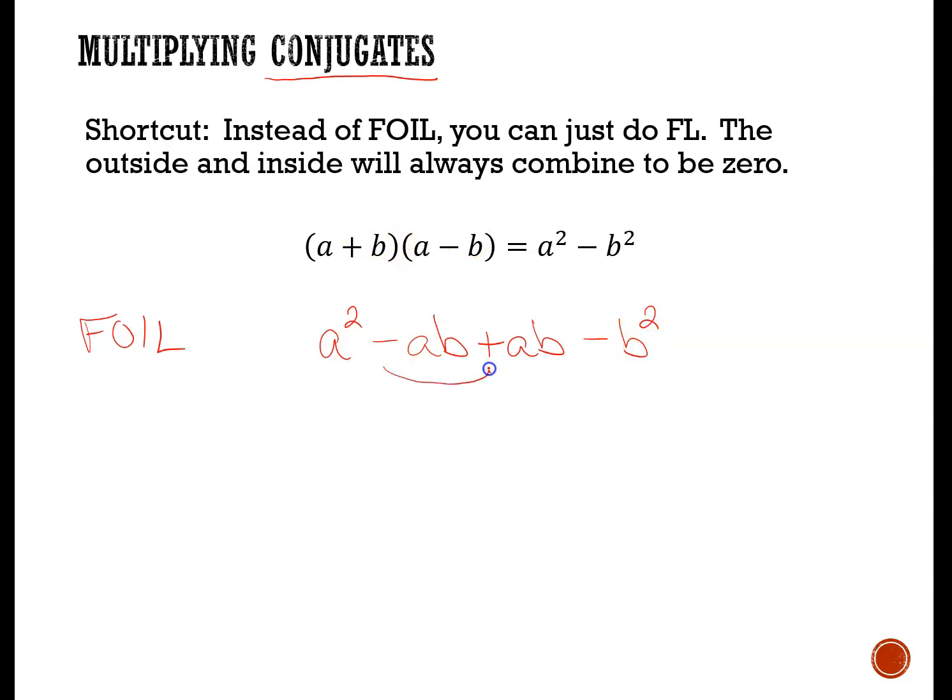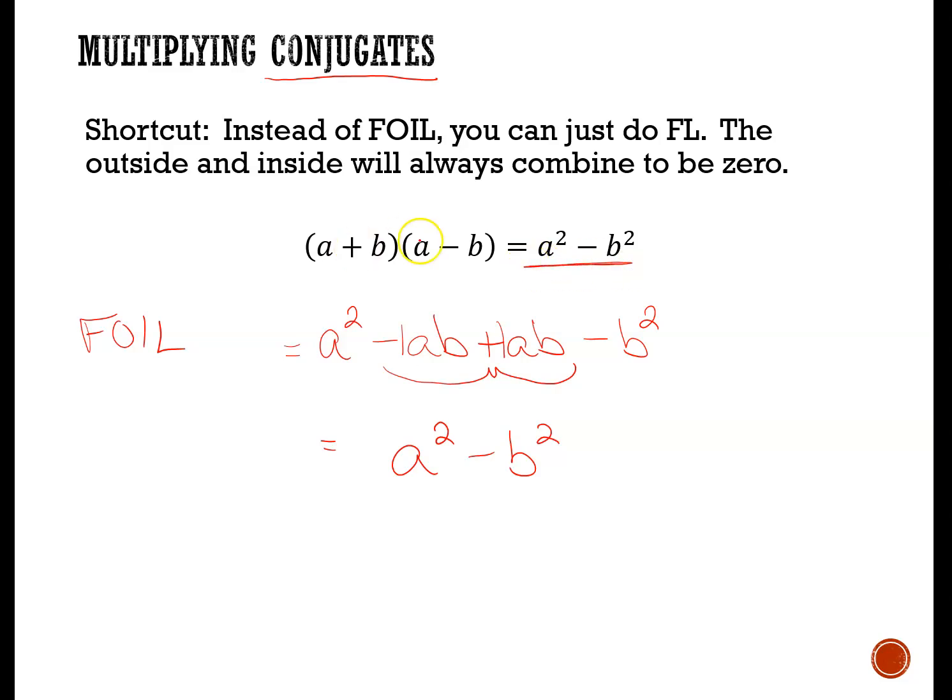So these two are like terms. When you combine them, this is a negative 1 and a positive 1. So negative 1 plus 1 is 0. 0ab means it does not even need to be written. So all you'd have is your a squared term and your minus b squared. And that's what we're showing here.